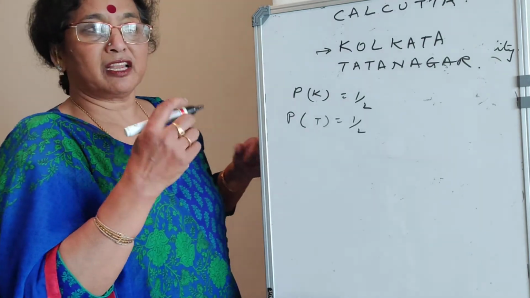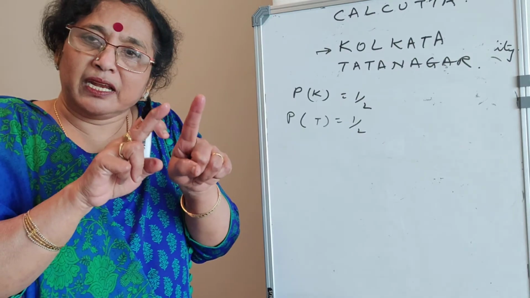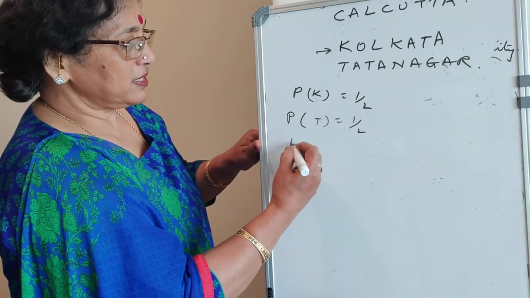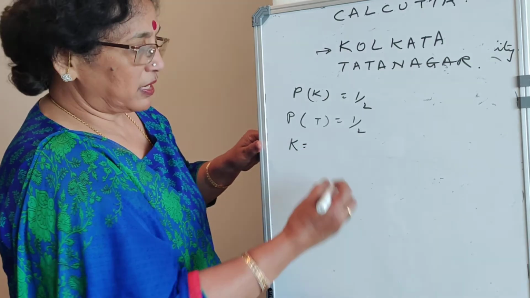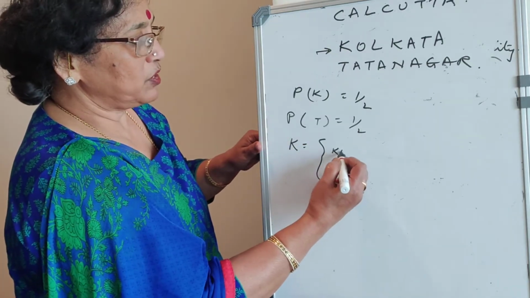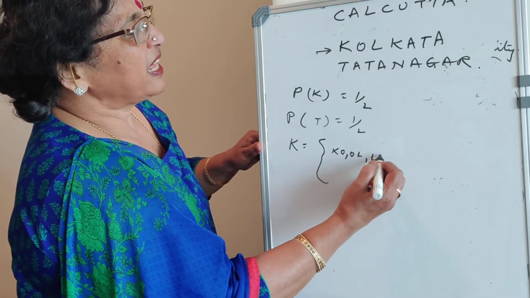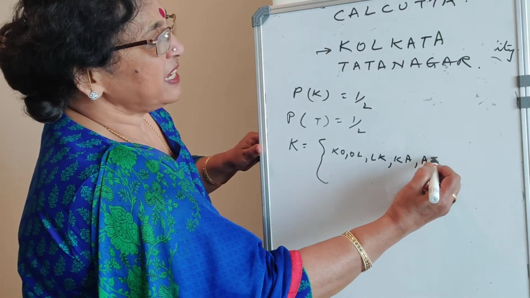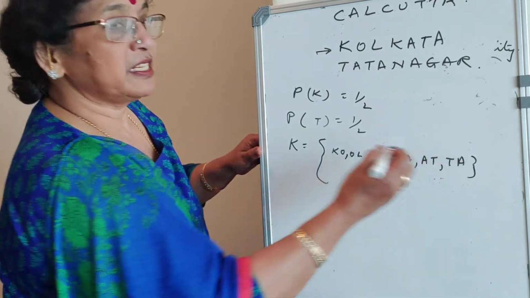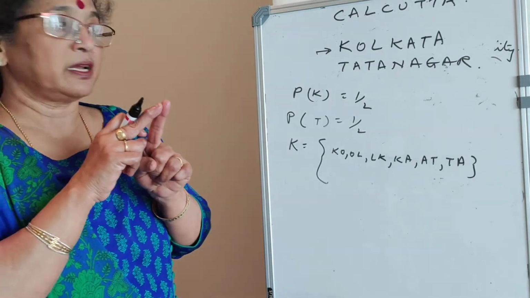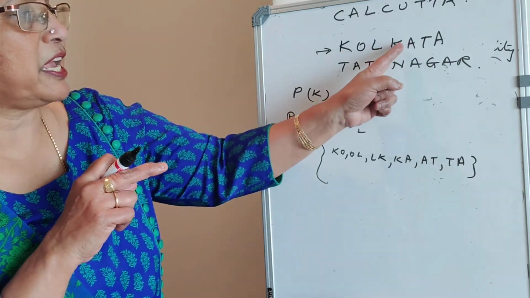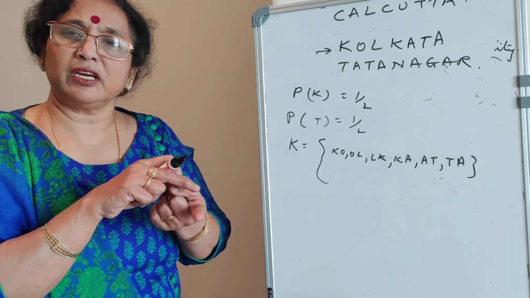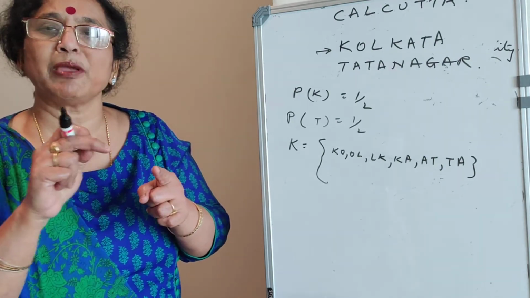You are going to pair the letters. Only two neighboring letters are left. So for Kolkata, I have the pairing: KO, then OL, then LK, then KA, then AT, and then TA. Why am I pairing it? Because of two consecutive letters. I will not pair T and K, because they don't come next to each other. So just the one letter to the left and one to the right. So we are forming pairs.